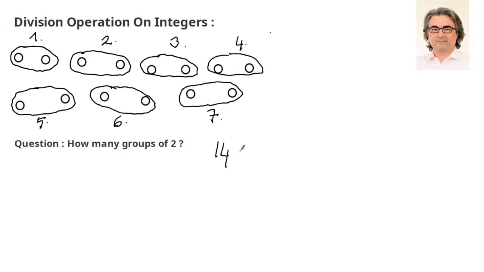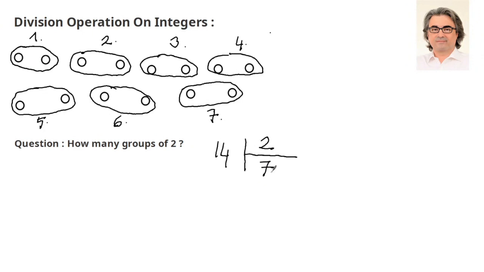14 is the total number of circles, and this is the notation of division. 2 is the number of circles in each group, and 7 is the number of groups.